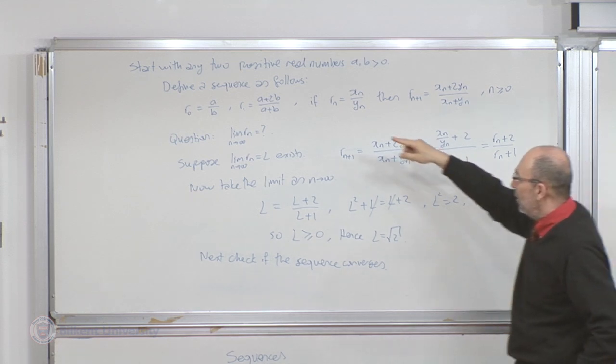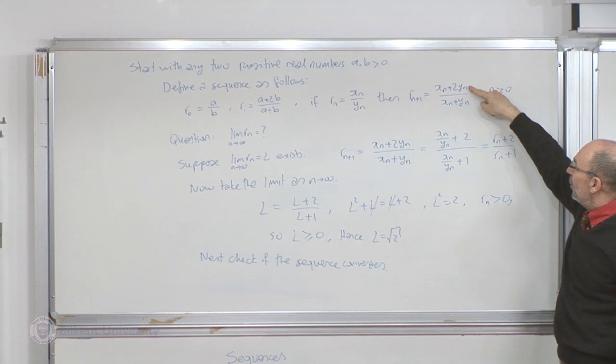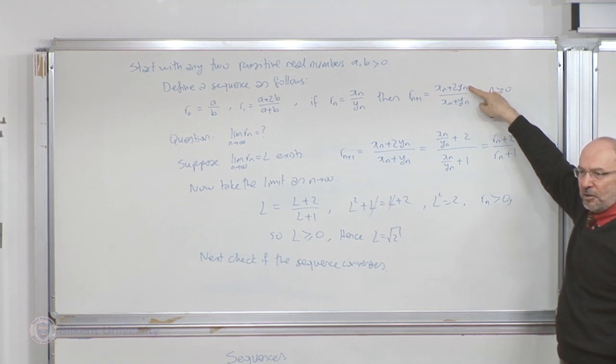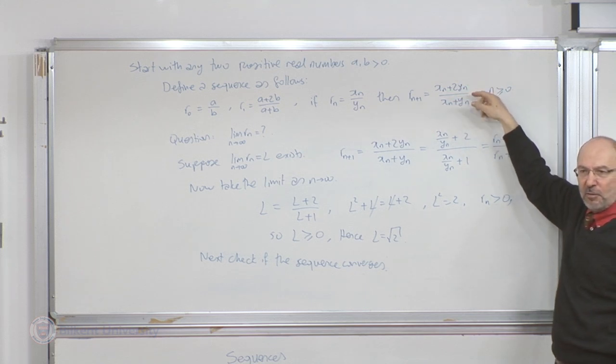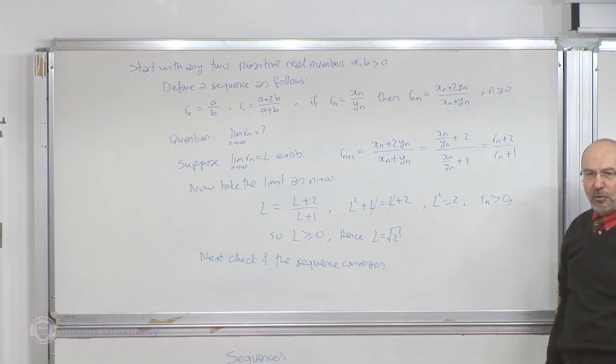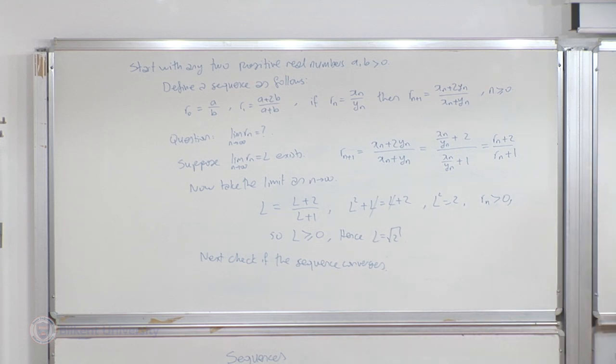Every time, the numerator is larger than the numerator of the previous one, and the denominator is larger than the previous one. You are always adding something positive, and what you add is increasing, so the numerator and denominator are both going to infinity. We'll eventually need this.